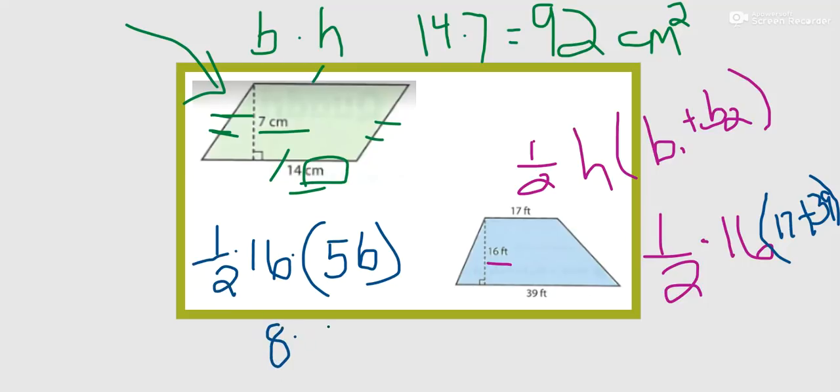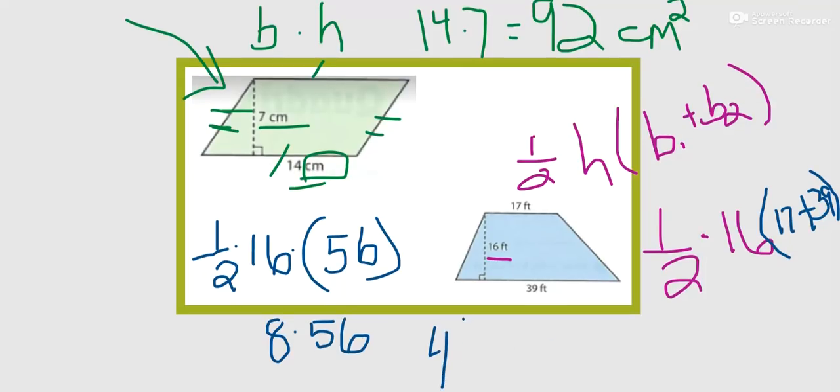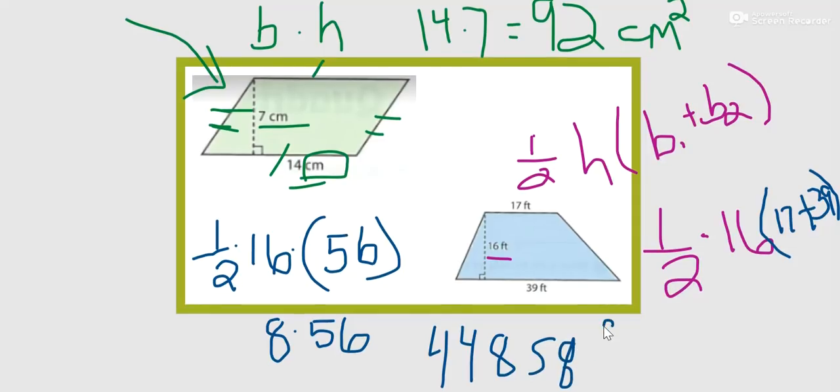So I just do 8 times 56 to get 448 square feet. And that is our area of our trapezoid. Boom. Easy, simple. Let's move on.